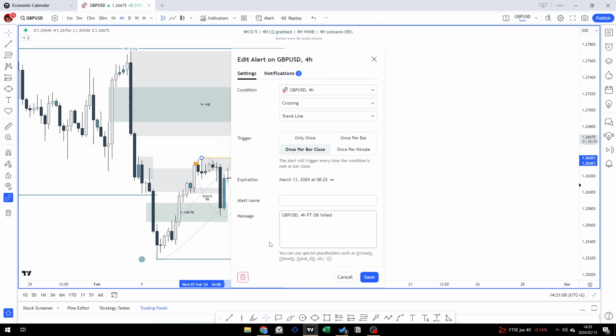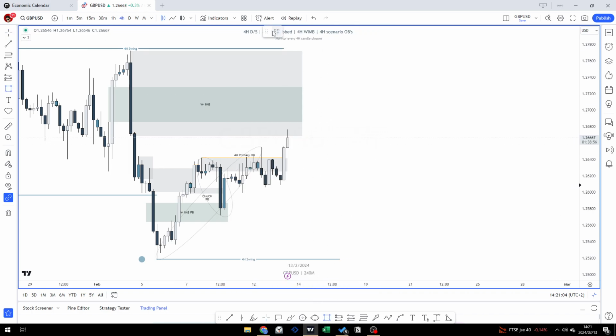However, at the same time, what we do need to note is the fact that the pullback phase has potentially achieved its target, and as a result, any counter trend plays based on the pullback phase require 4H OB backing, which will be served by this level right here.